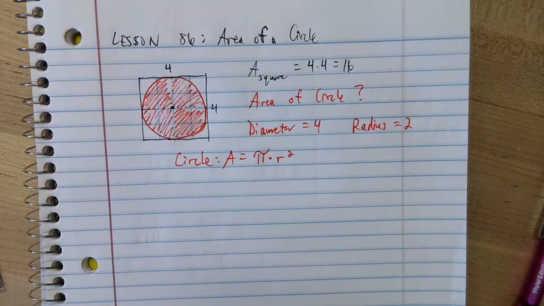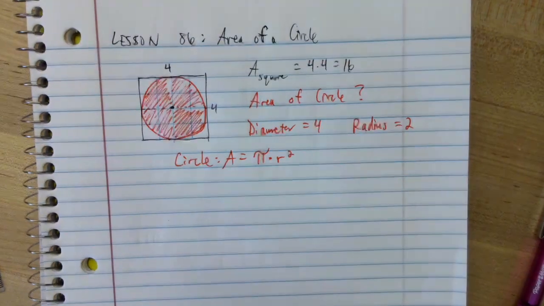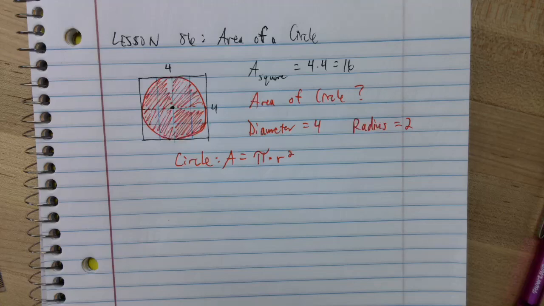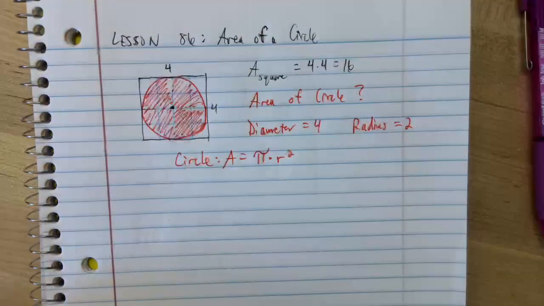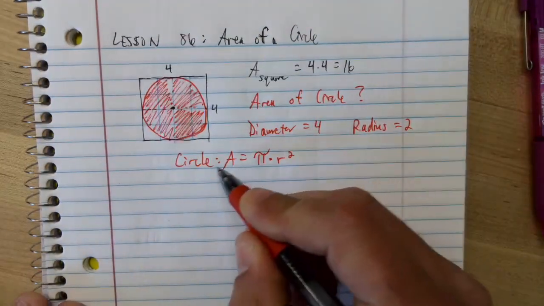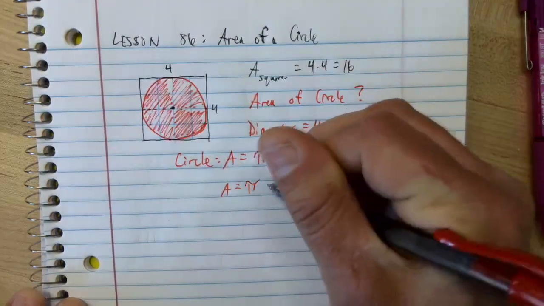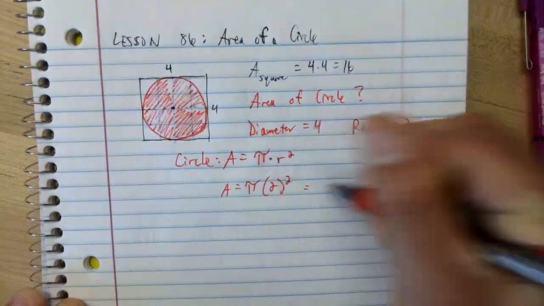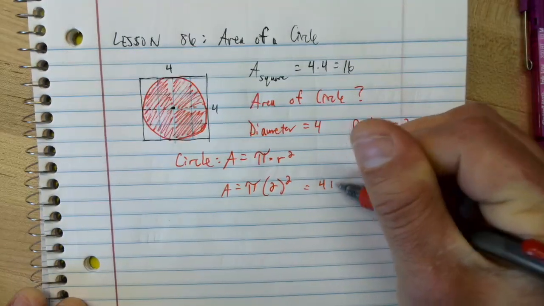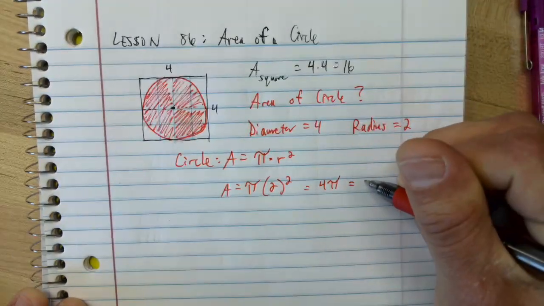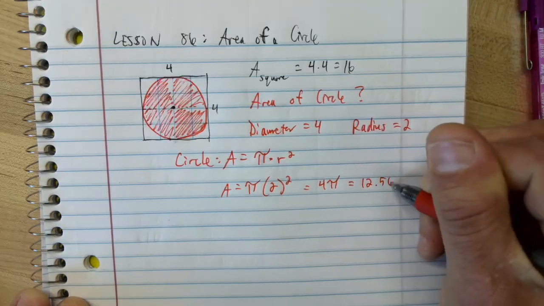So pi represents that portion of those that are included, and we take that relative to the radius. So the area of this particular circle would be pi times 2 to the second power, which is 4 pi, or 12.56.